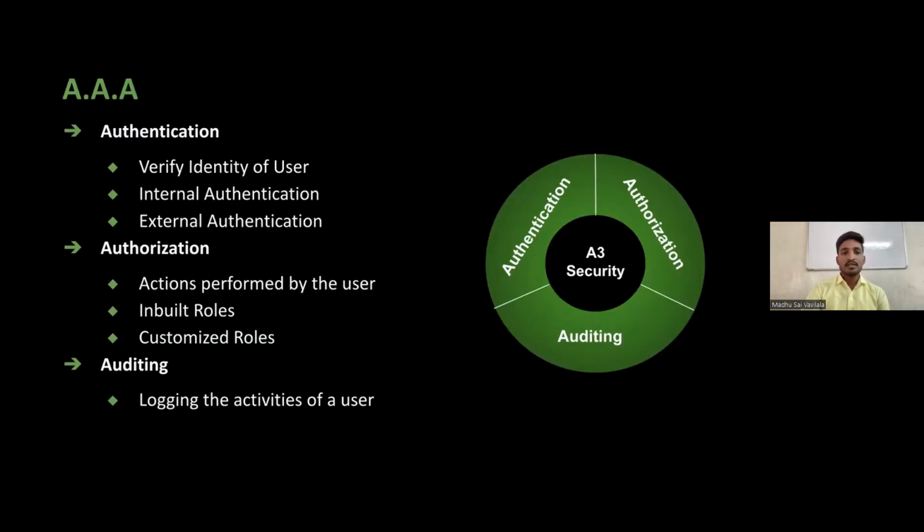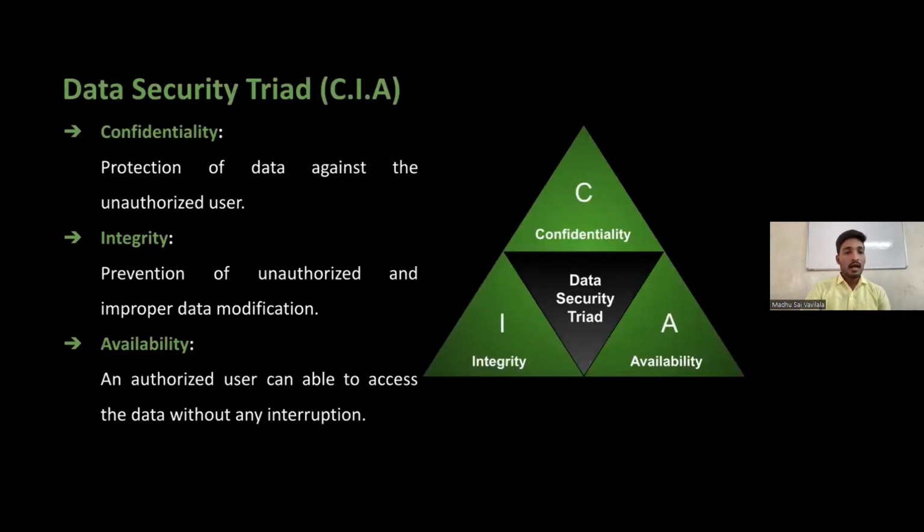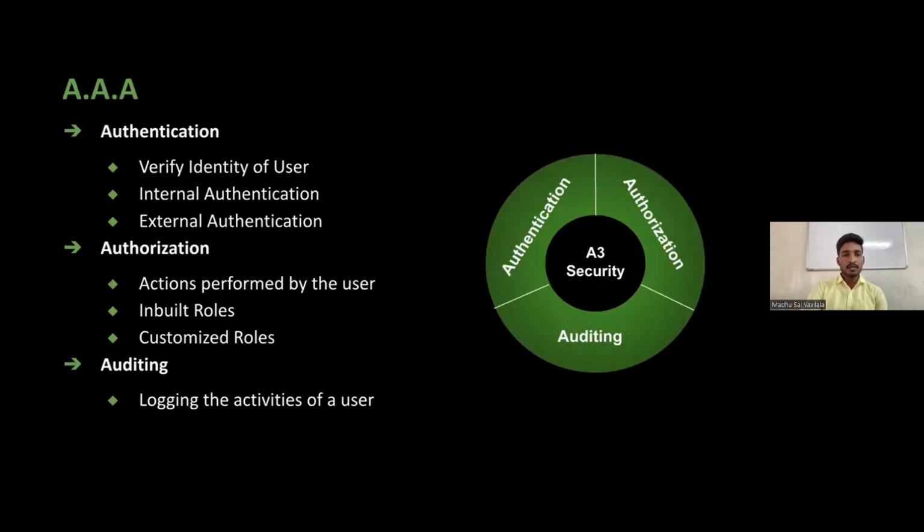And authorization limits the user from performing illegal activities on the database, which maintains the integrity of the database. And then availability. MongoDB follows the CA concept in the CAP theorem, consistency and availability. MongoDB is always available for valid users.